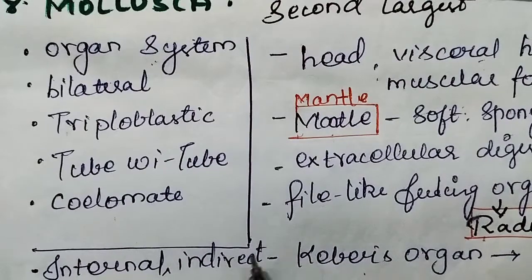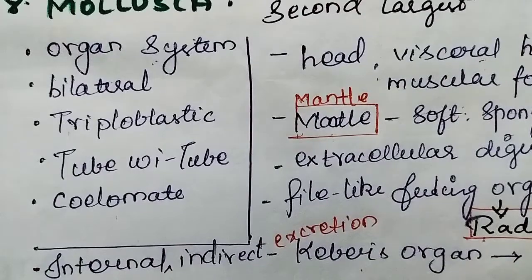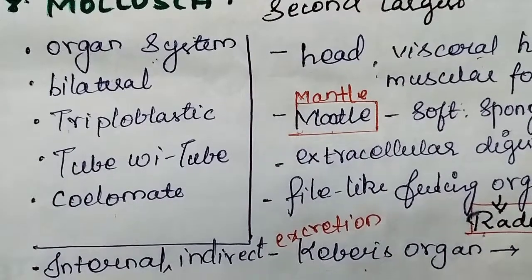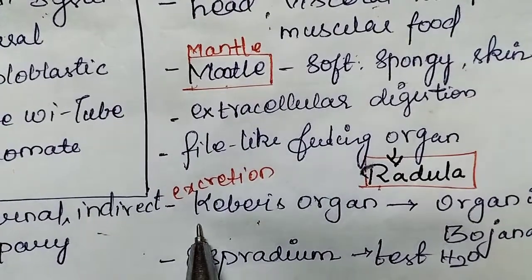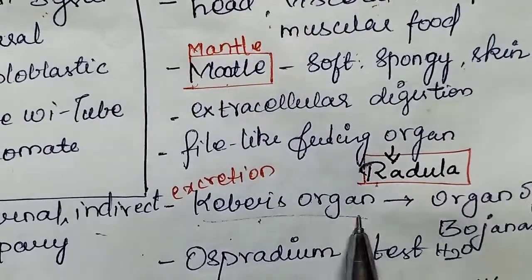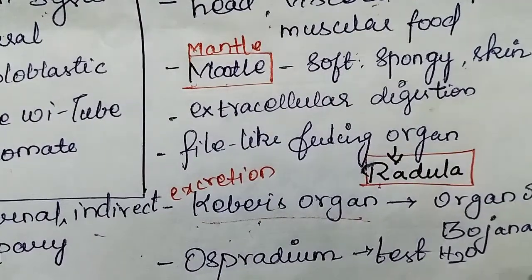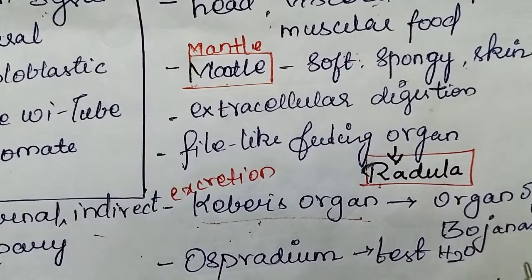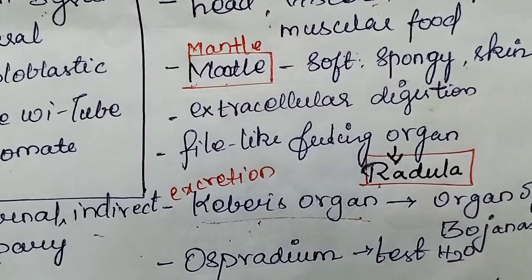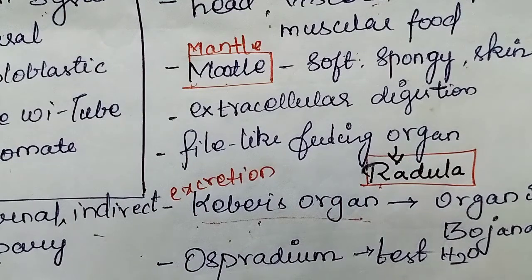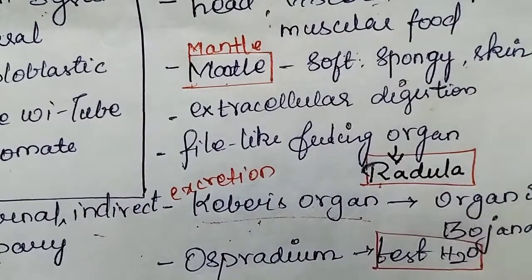Regarding excretion, we should know about Keber's organ and the organ of Bojanus. In Keber's organ, the filtrate to be excreted is formed and reaches the organ of Bojanus, which is a pair. The osphradium is a special cell aggregation used to test the nature of the water.